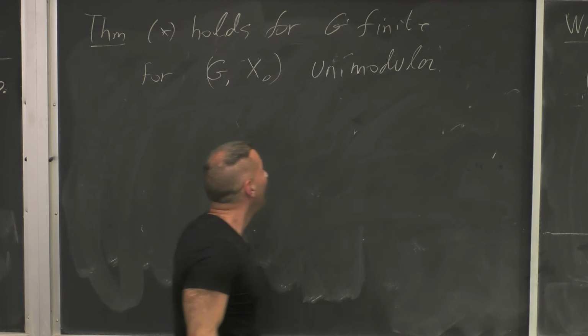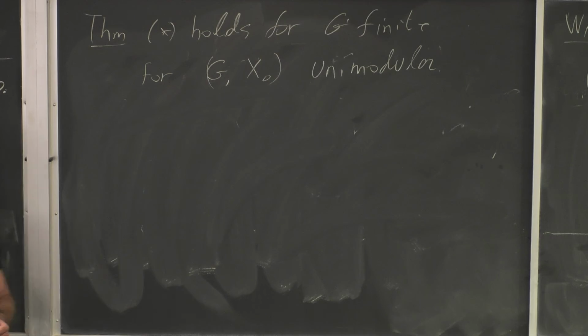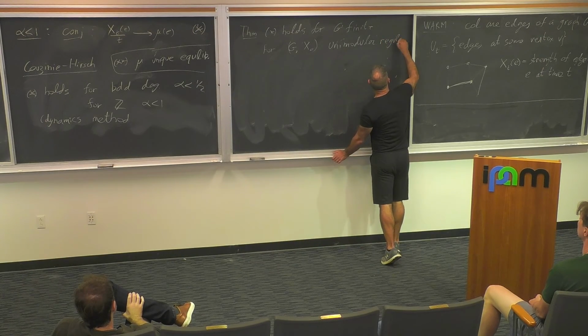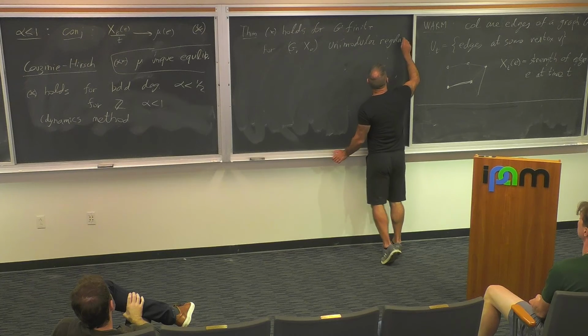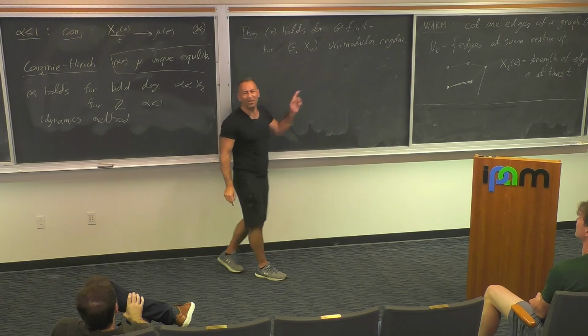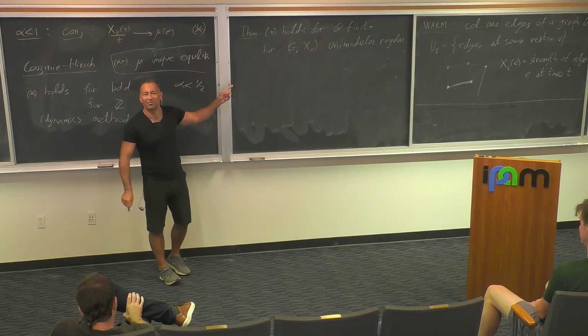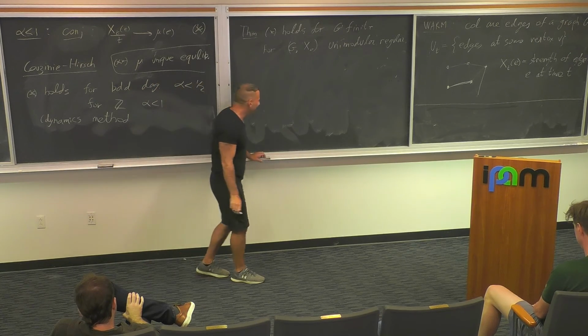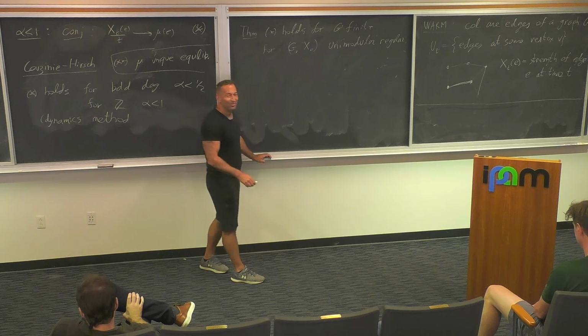This is more general. So if you look at the graph together, unimodular and regular, and well, we may be able to get rid of the regularity assumption here, but at the moment we still have this.